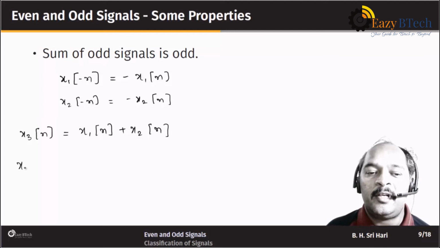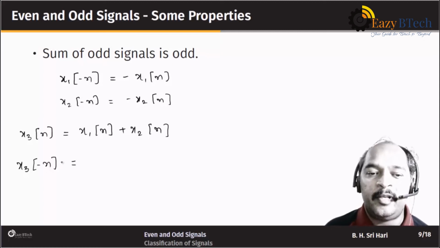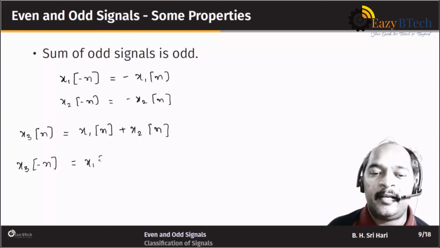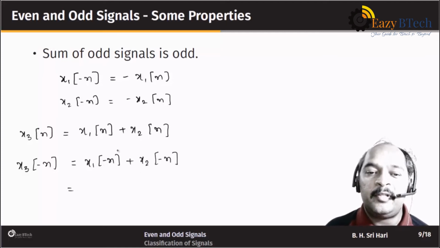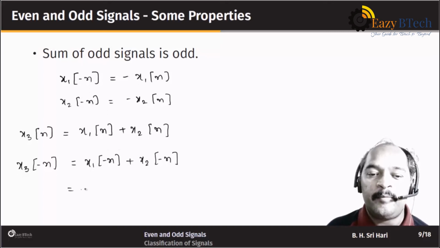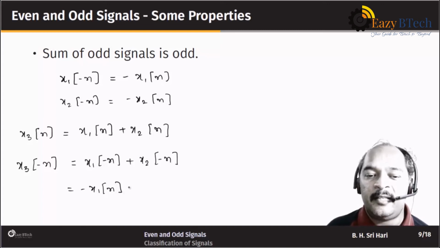So again, what do we have to do to check whether the signal is odd or not? We have to replace n with minus n. So we get x1 of minus n plus x2 of minus n. But we know that x1 of minus n is minus x1 of n, and x2 of minus n is minus x2 of n.